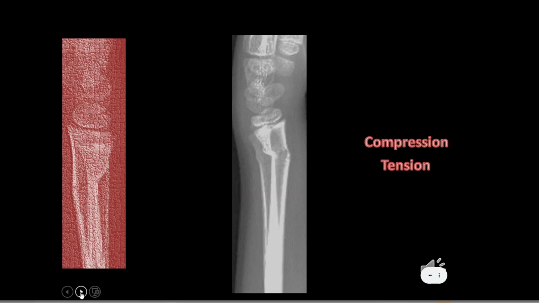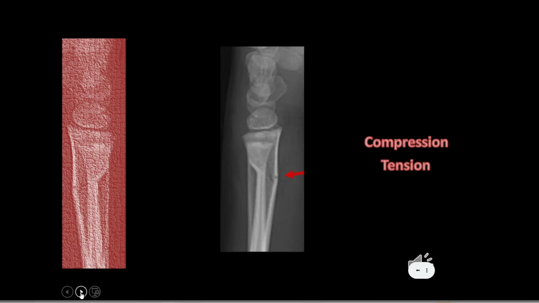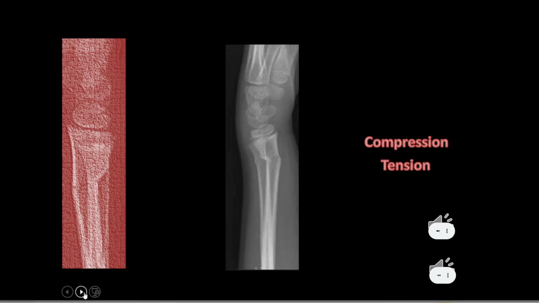How about this one? Okay, how about this one? Is it a compression fracture or a tension fracture? One more for you. Would you be worried about this? And finally, is this a compression fracture or a tension fracture?